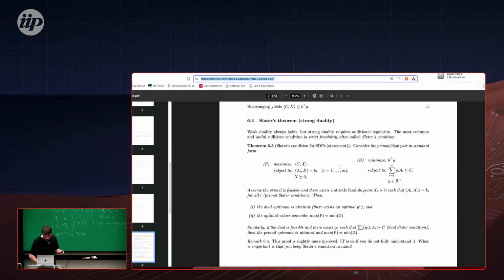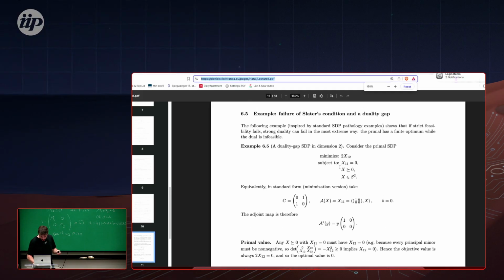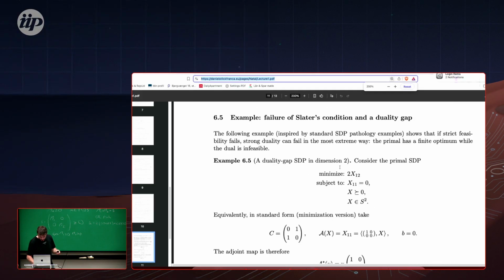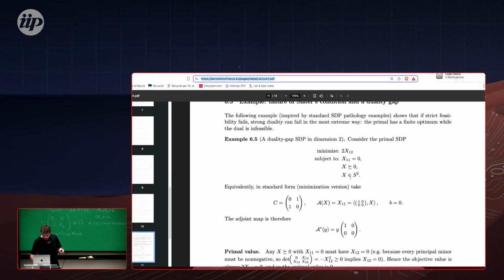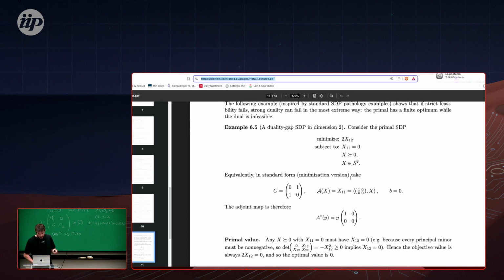So the primal problem is this one. We want to minimize, let's say that our matrices are real, 2 times the upper right entry of the matrix. This is clearly linear, and we impose that x11 is equal to 0.